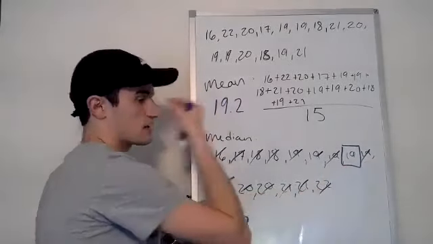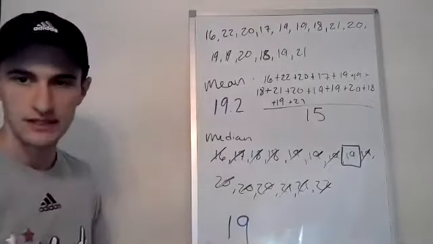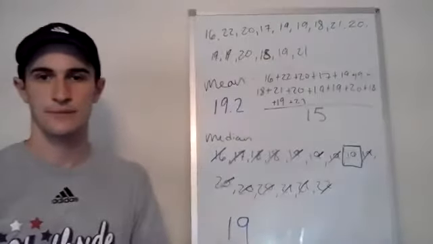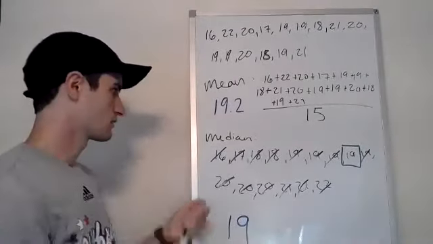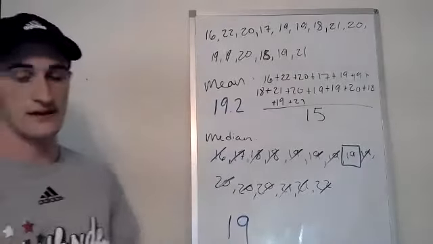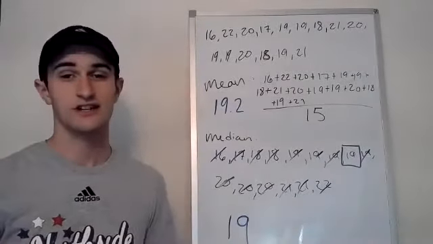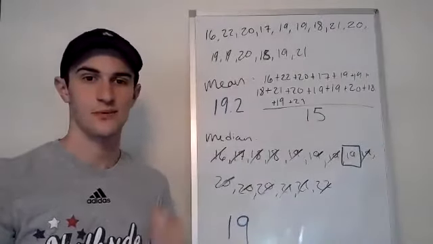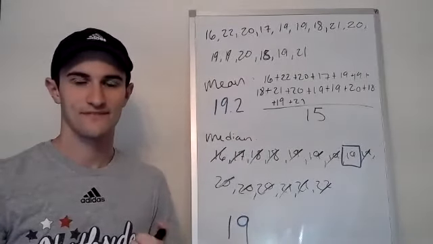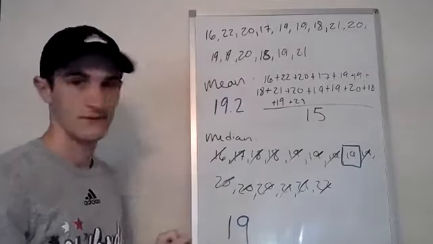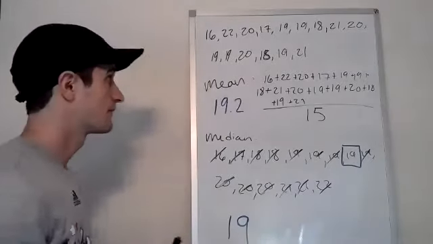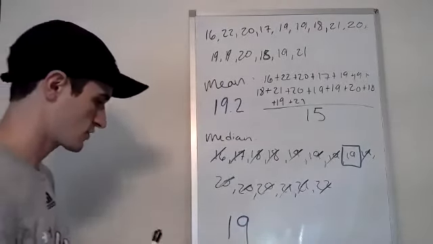That middle number there is still 19. Either way, as long as there's not like 100 numbers in the list, crossing it out makes it simple. So that's how you do the first problem.